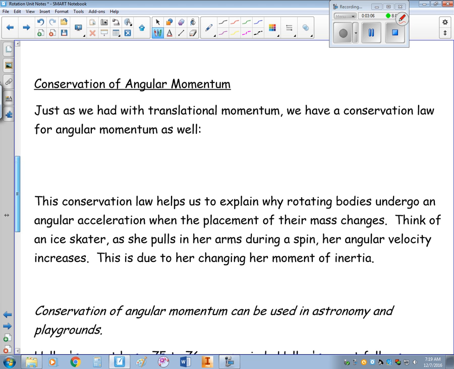Now, for conservation of angular momentum, just like we had with conservation of momentum, we also have a conservation law for angular momentum. So for linear momentum, we saw that the change in momentum for object 1 plus the change in momentum of object 2 as they interact should equal 0. Well, we're going to have the same thing.